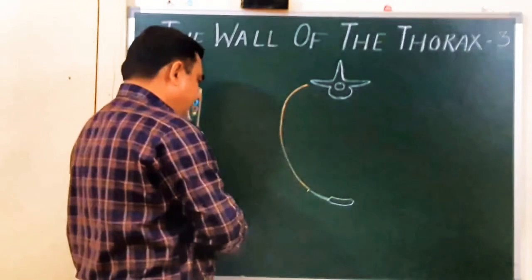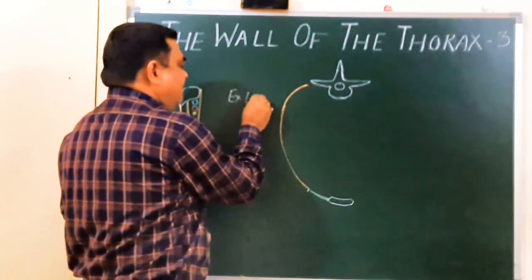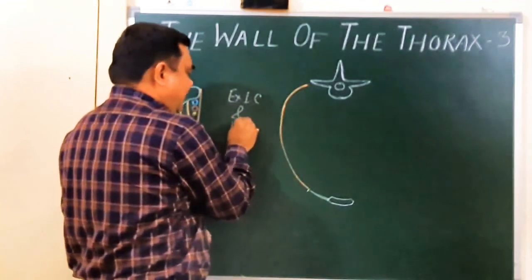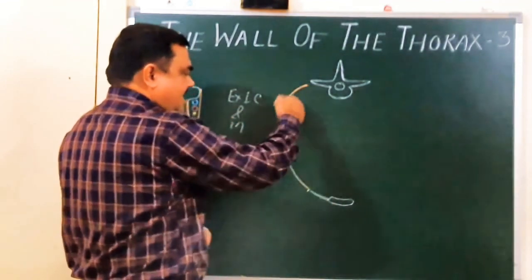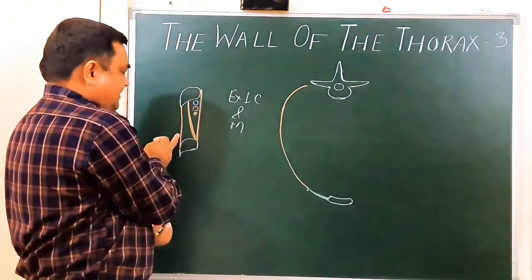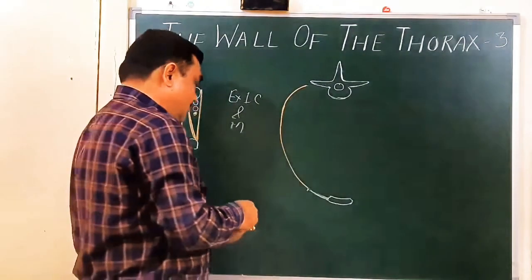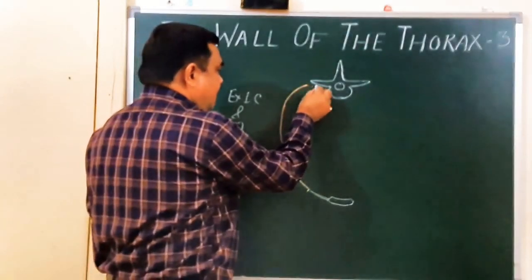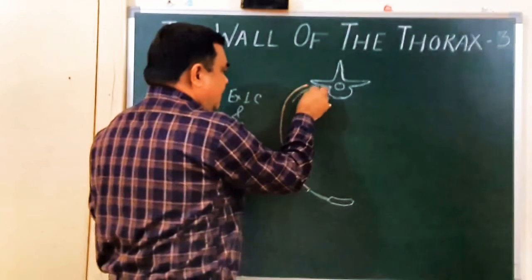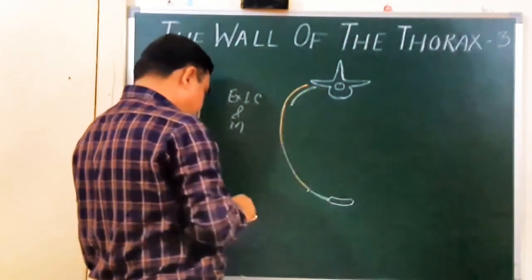So this is membrane and this is external intercostal muscle. This is outermost muscle. Then there is internal intercostal muscle. Here it has membranous part. This is up to the level of angle of the rib. This is internal intercostal membrane.